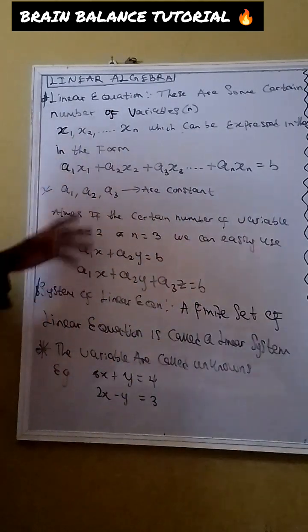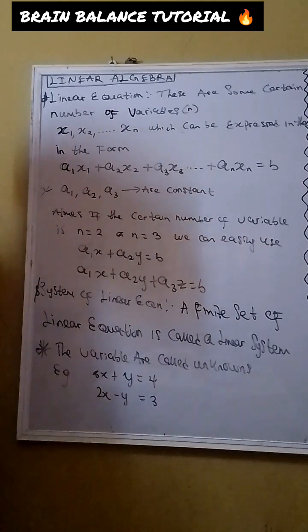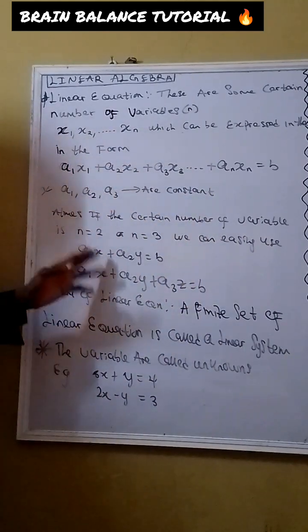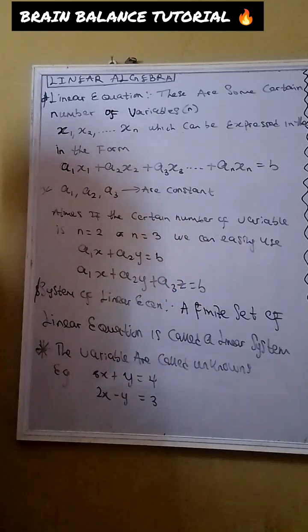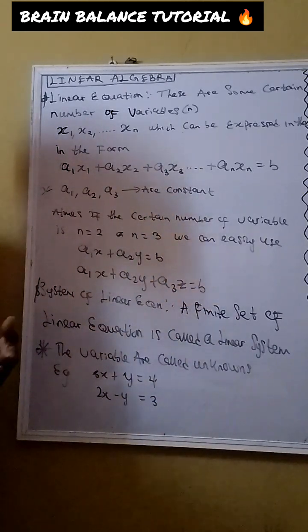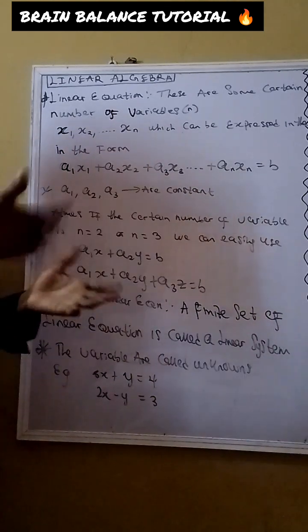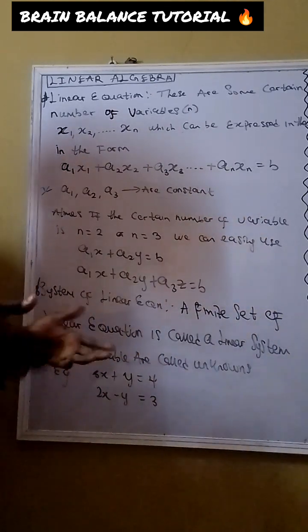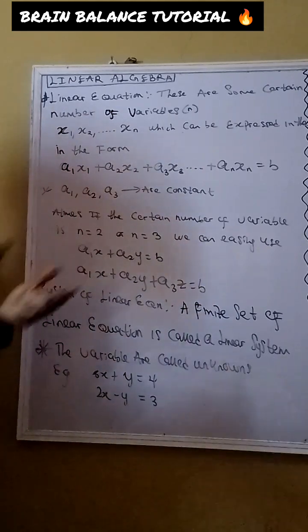And at times, if the number of variables is just 2, you just have something like a1x plus a2y equals b. That one is easy. That is why at times we use x1, x2, x3, x4, with x1 standing for x and x2 standing for y. If a lot of linear equations are being given, we will not be able to use x, y, z and things like that.